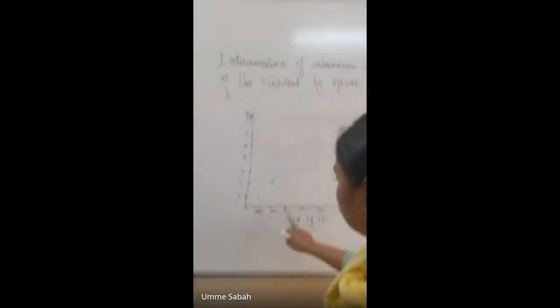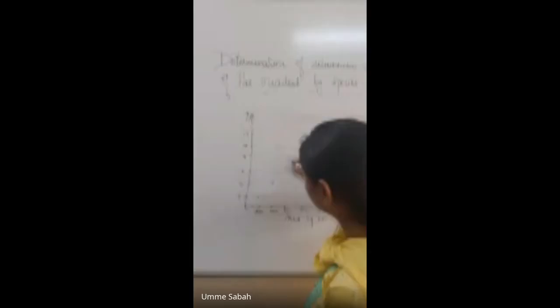Total 4. Okay, ma'am. So 30 into 30, how many you have? E, F, G also is there, no, ma'am. So how many together you have? 7, ma'am. Correct?